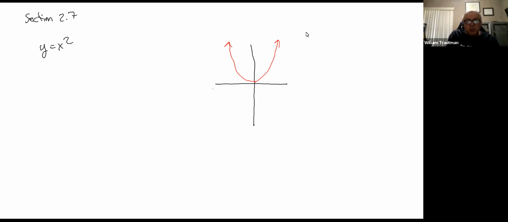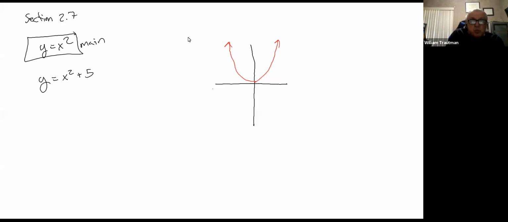All right, so what I want to talk about is transformation, moving this graph around. This is our main y equals x squared graph. What happens if I put y equals x squared plus 5?